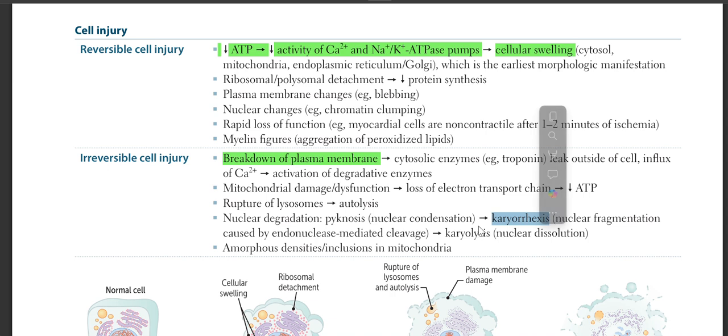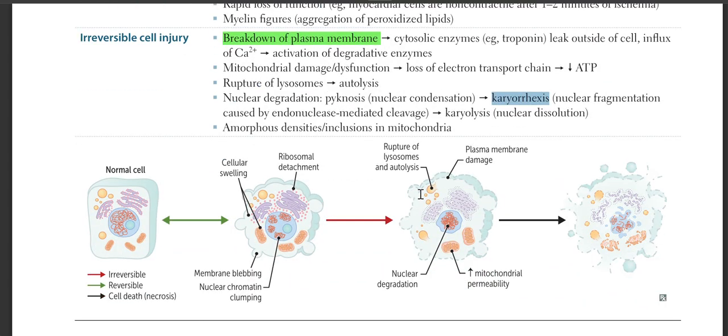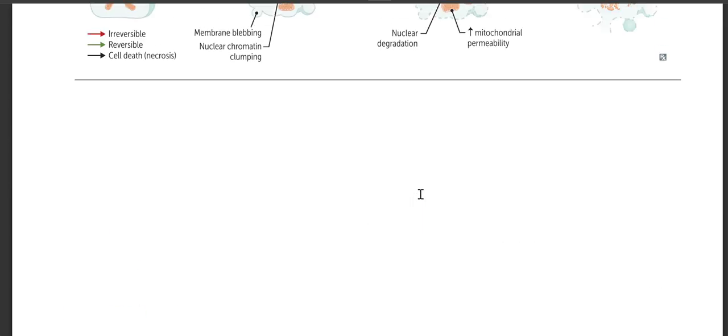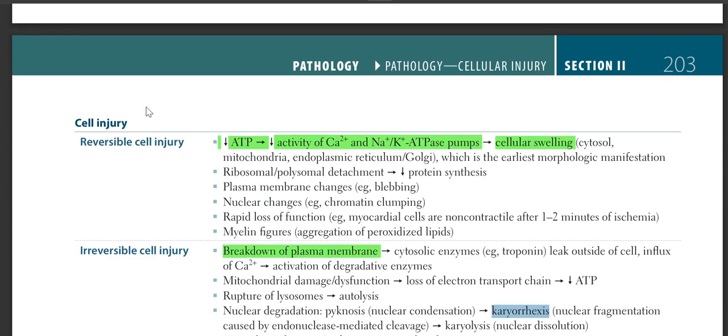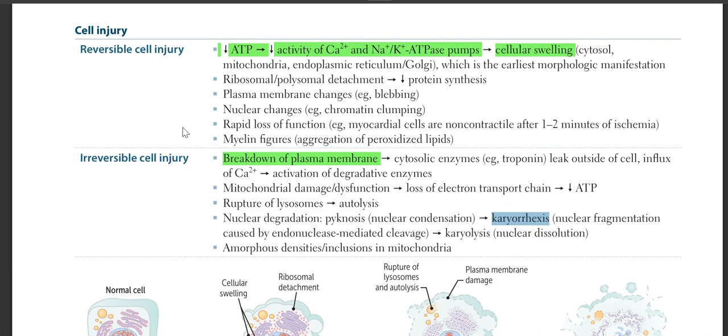And then karyolysis is the dissolution, so it completely dies off. So you condense the nucleus, you break it into smaller fragments, and then you dissolve the nucleus. So that is for reversible and irreversible injuries.